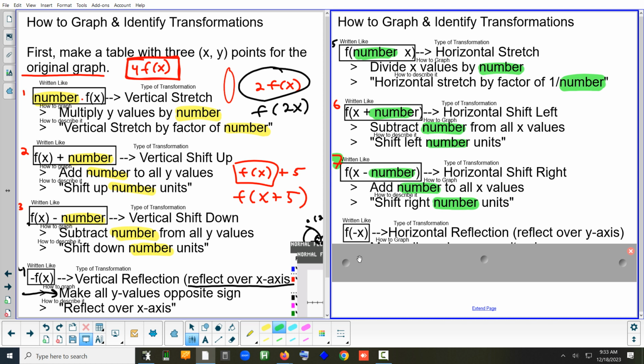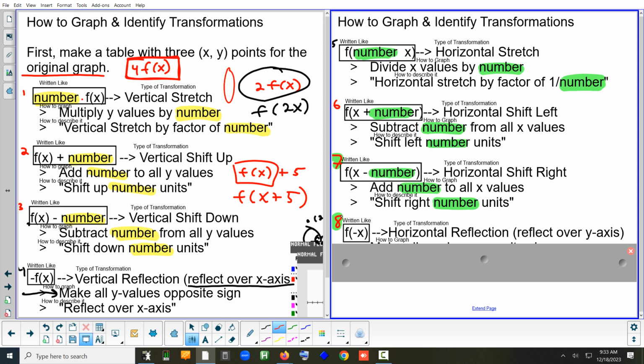So it's a lot of stuff to remember, but that's why you don't have to memorize it. I just want you to use this chart. If you don't have the chart, then it's kind of hard to do. Okay, so that is box 8. When you see the negative like that, it's a reflection, then you just have to look where it is.